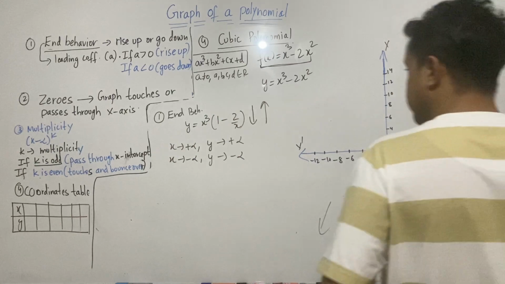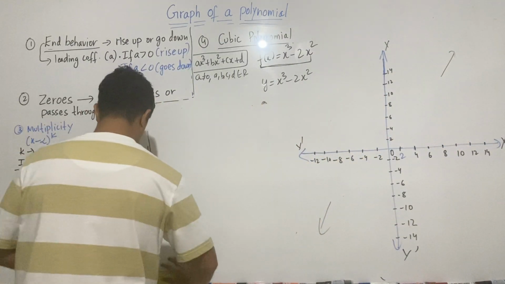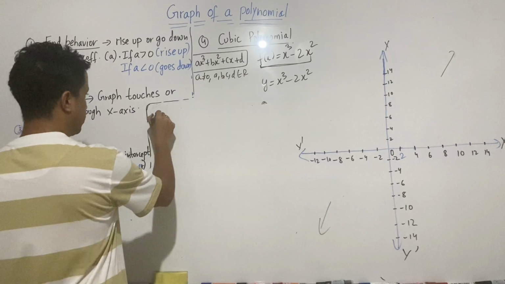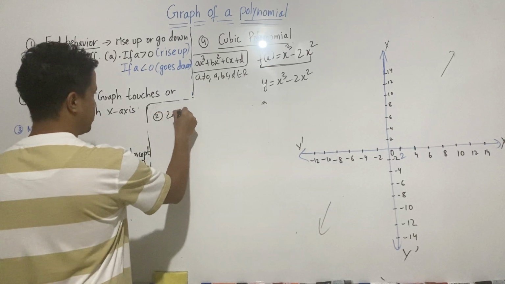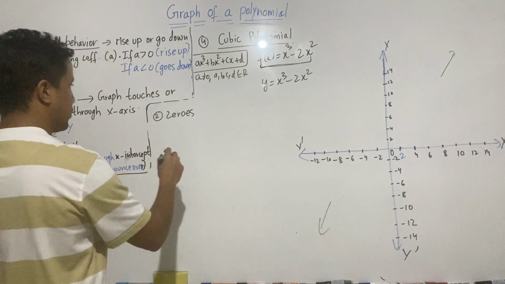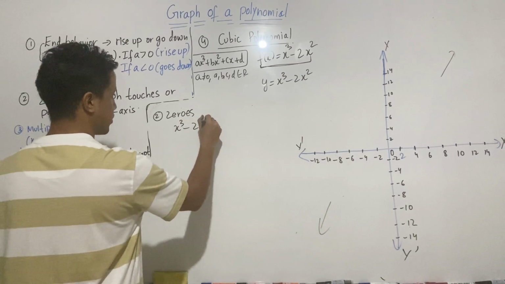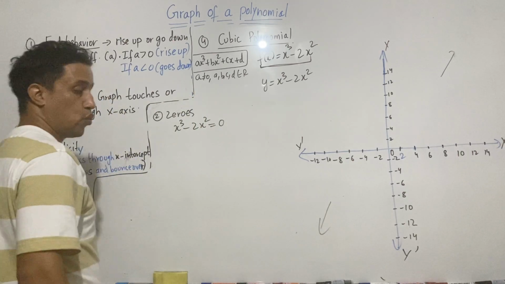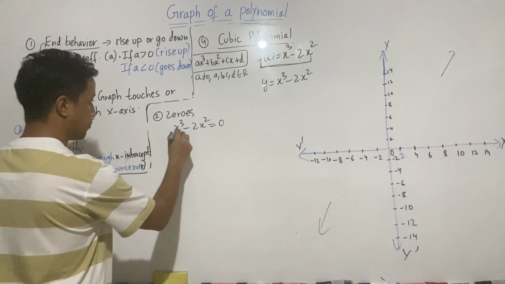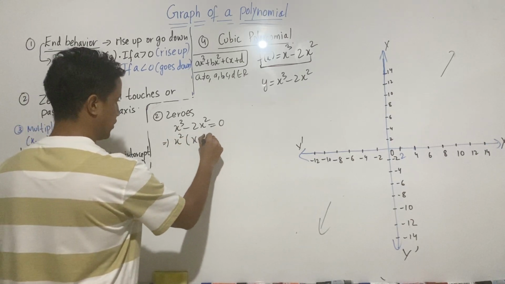Now come to step number two. In step number two, we have to find zeros. So it's simple: x cubed minus 2x squared, equate it to 0. Here we can take x squared common: x squared times (x minus 2).